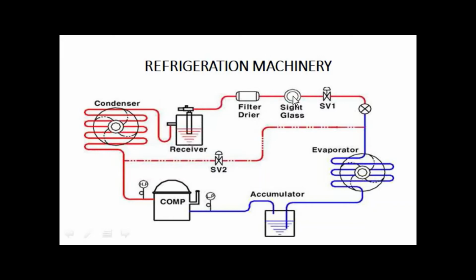By looking at the sight glass, you can see that there is a flow of refrigerant, and then from sight glass to solenoid valve, and then from this valve to expansion, from expansion to evaporator, where the cooling effect takes place, and then from evaporator to accumulator.